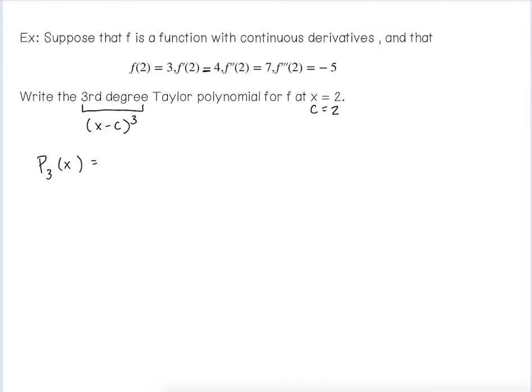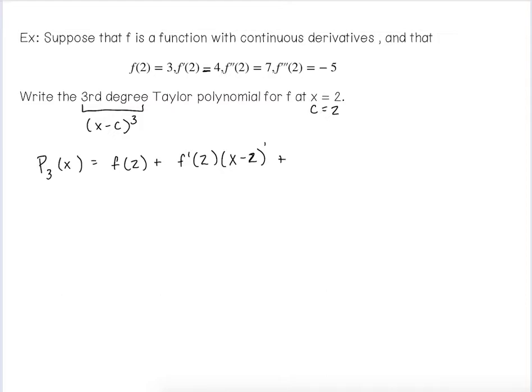So a Taylor polynomial goes f of 2, in this case, or f of c, plus the first derivative at our c value, so f prime of 2, times x minus c, so x minus 2 in this case, technically to the first power and over 1 factorial, but those are not essential to write because they're just ones.